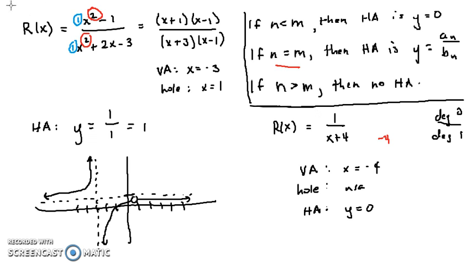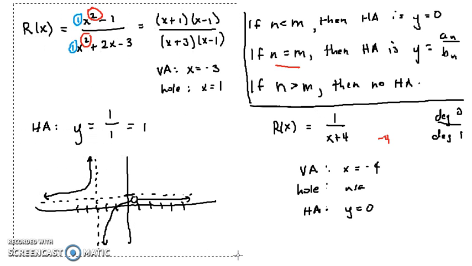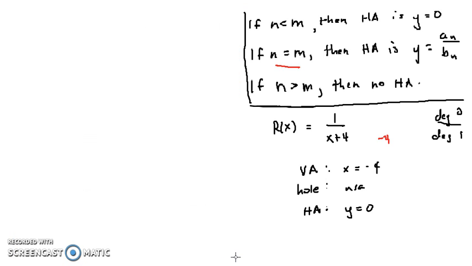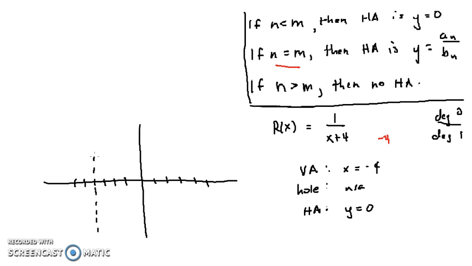Okay, let me take this example out so we've got a little bit of space to draw this picture now. Okay, so let's see if we can get this picture on the board. So we've got a vertical asymptote at -4. And we're going to have a horizontal asymptote at 0.